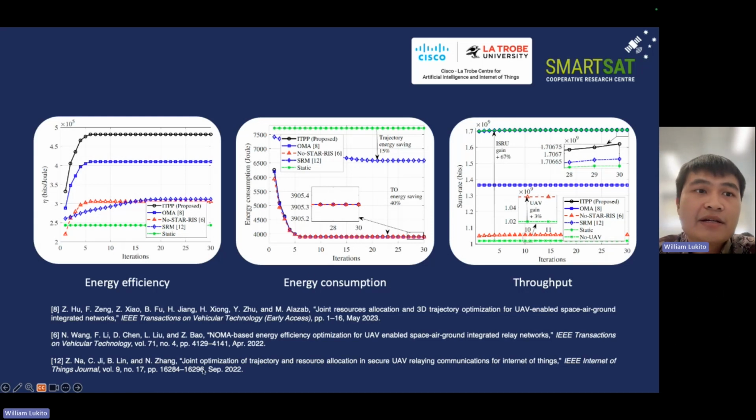As we can see here, our trajectory optimization can save up to 40% energy compared to the unoptimized scheme, and our STAR-RIS UAV can gain up to 67% more throughput compared to line-of-sight-only communications.